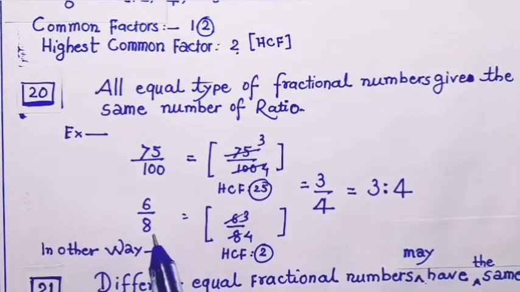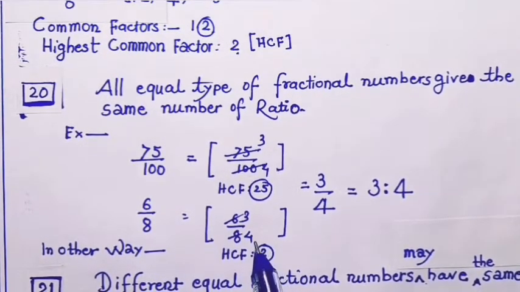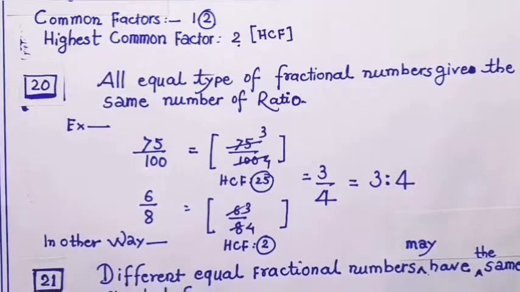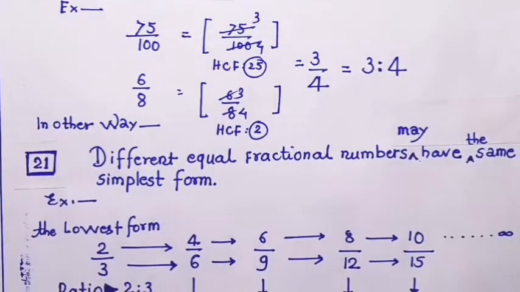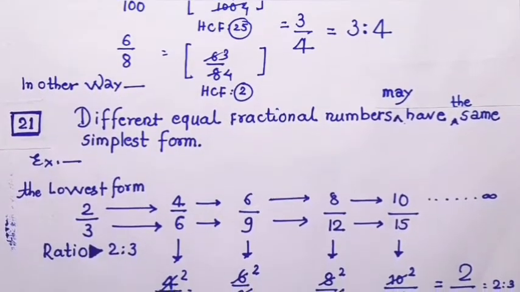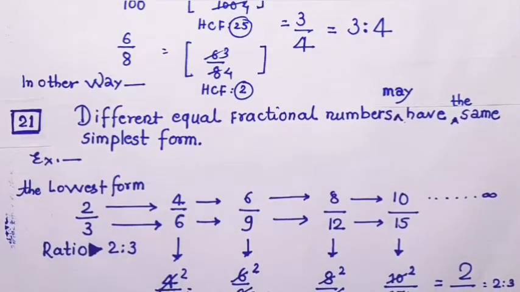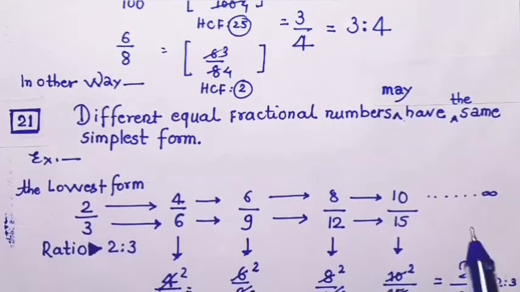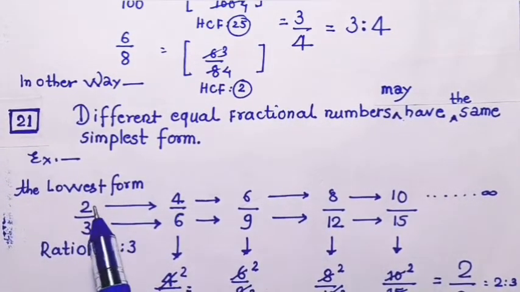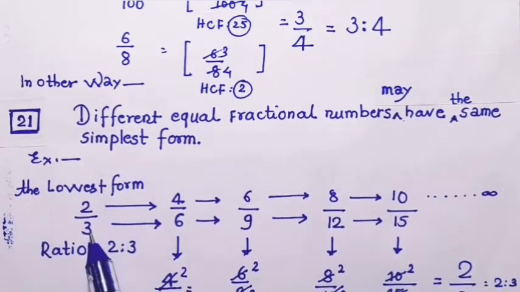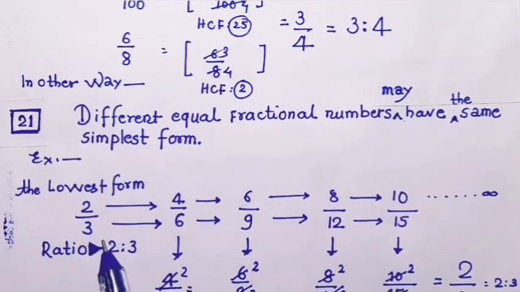And this is another example you can also see here. Number 21 says: different equal fractional numbers may have the same simplest form. 2 by 3 is in the lowest form.